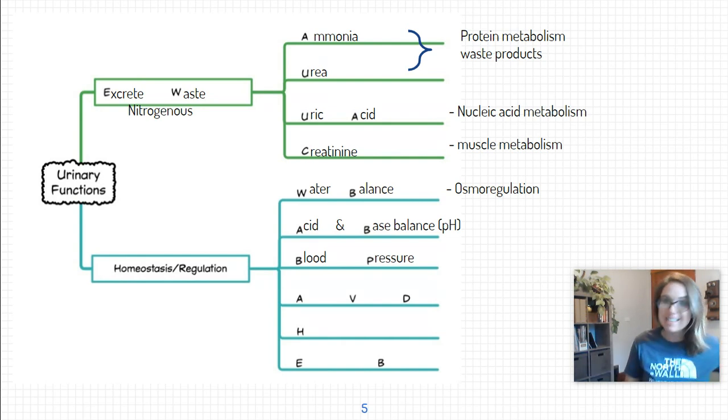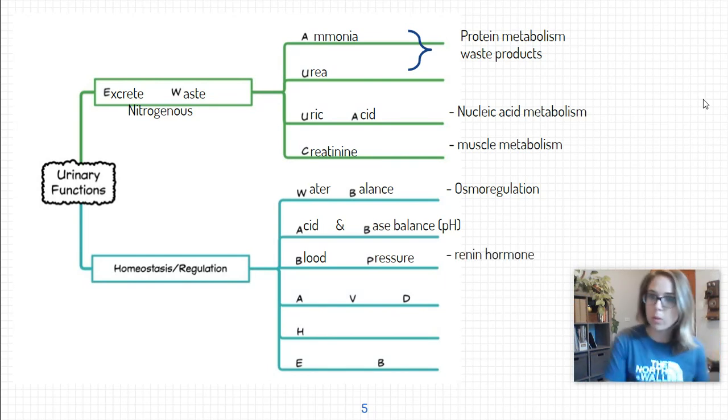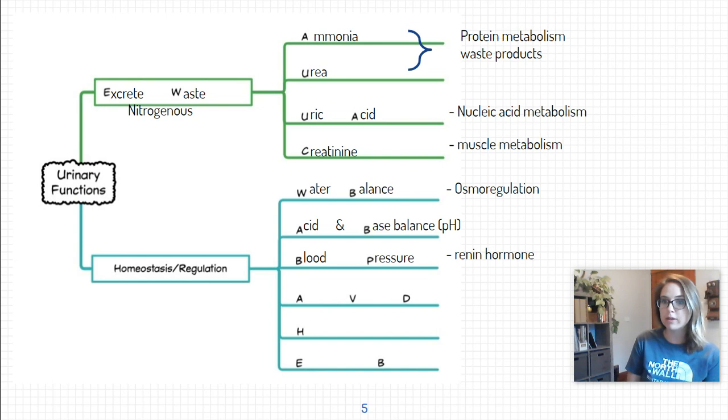But your kidneys like high blood pressure because they need pressure in order to do filtration. So there's always this back and forth between the hormones that your heart and your kidneys produce. And that hormone was renin. So renin is going to help control the blood pressure in my body.